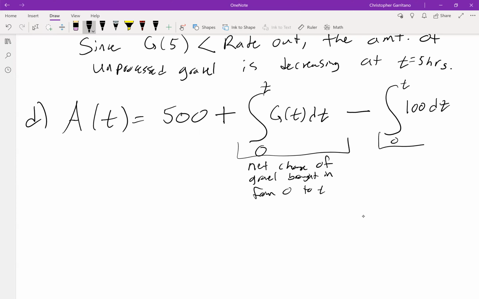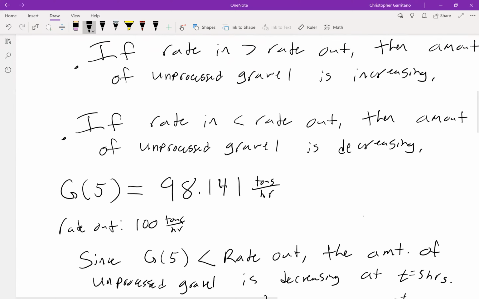This will give me the net change of gravel processed from 0 to t. And I'm subtracting this term because that is decreasing the size of the pile. Every piece of gravel that is processed, this pile will shrink.